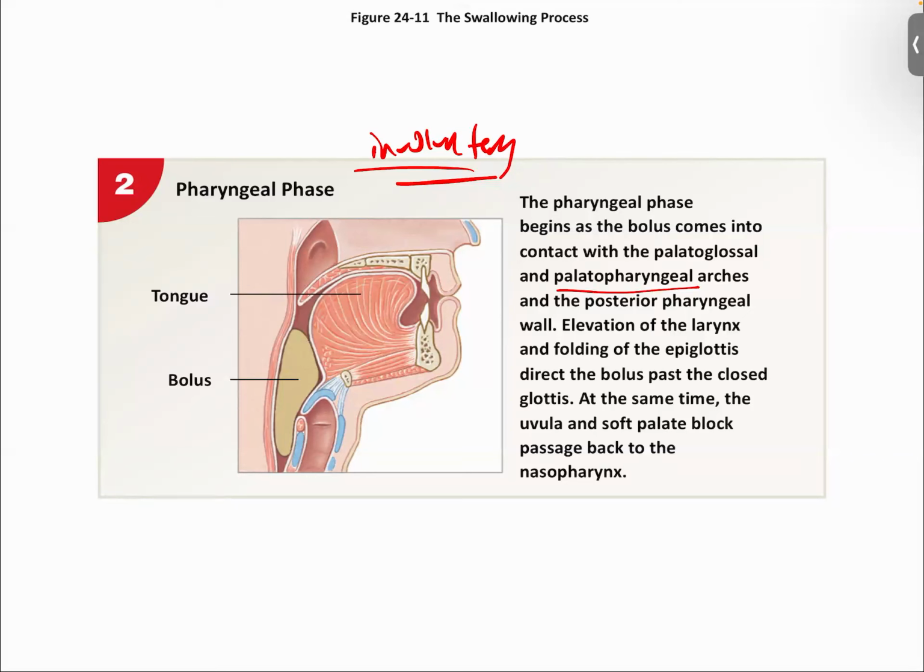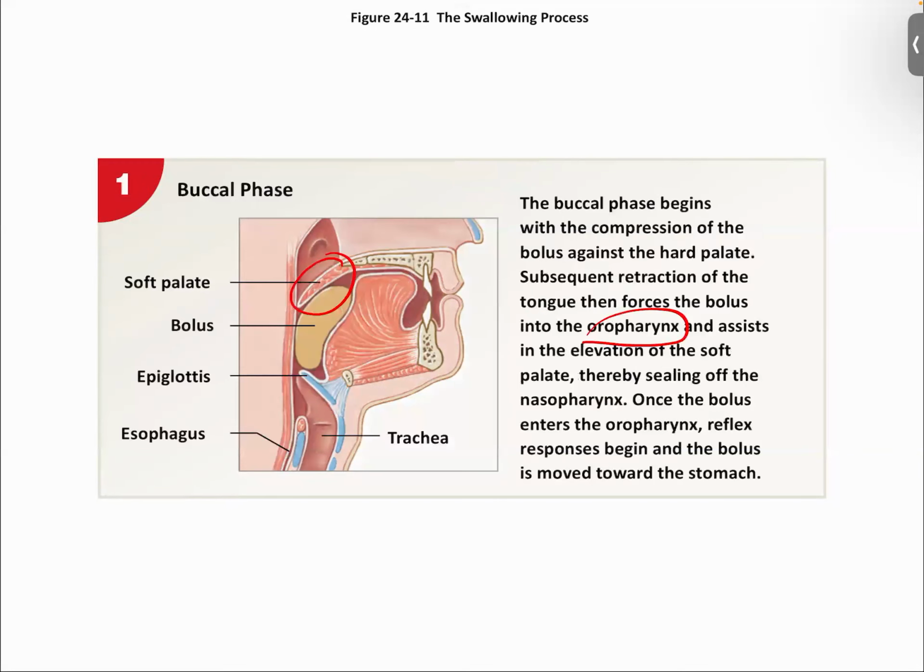So there's no getting it back here. So notice one thing that it does is that little guy right there is the epiglottis. So let's take a look at him. Normally the epiglottis, which is elastic cartilage, is open. So this basically allows for air to come through the nasal cavity and into the trachea.